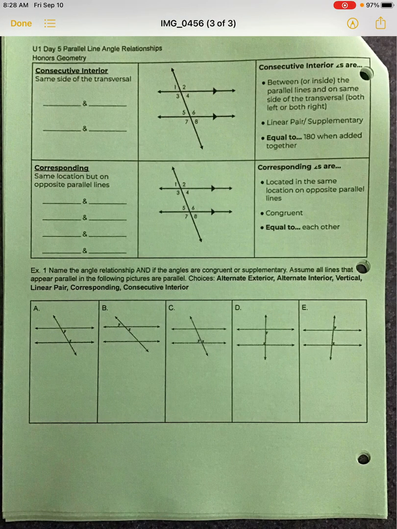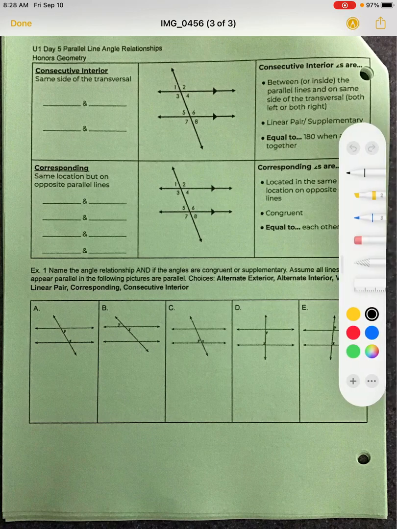Okay, we have a couple more here, special angle types. We have consecutive. Consecutive means on the same side of the transversal. So consecutive interior, remember interior is between the lines, would be like 3 and 5.